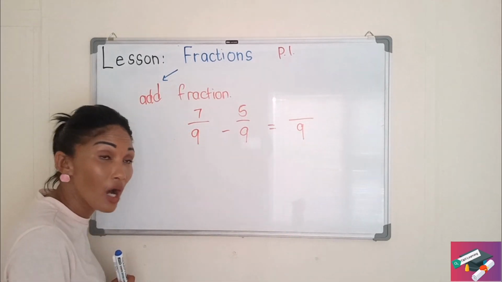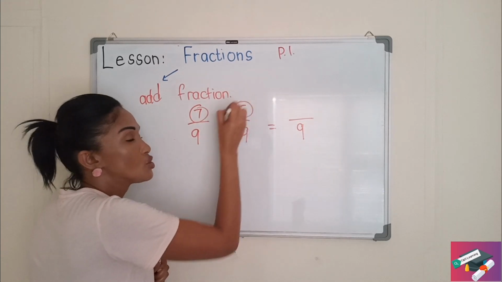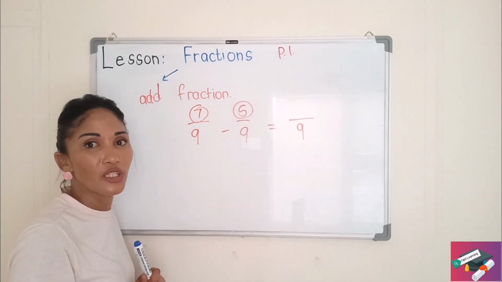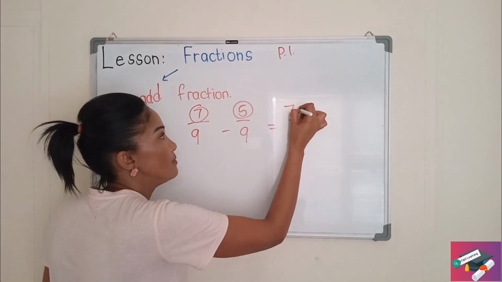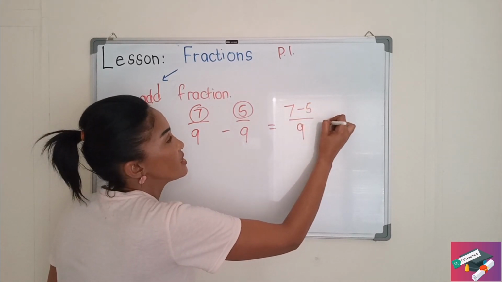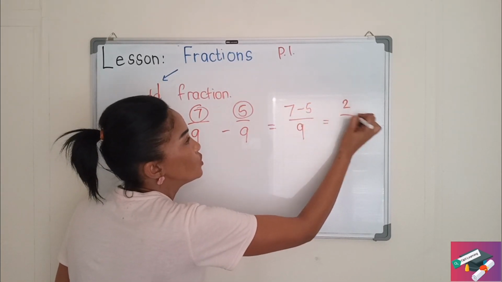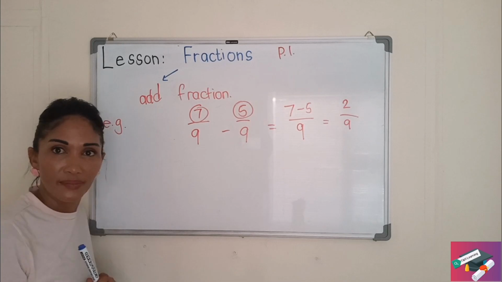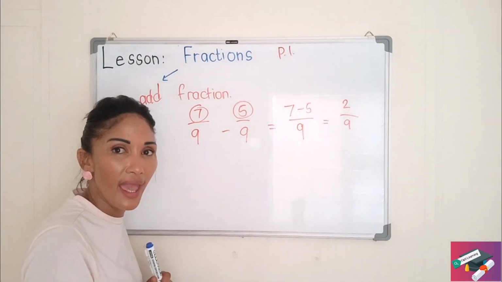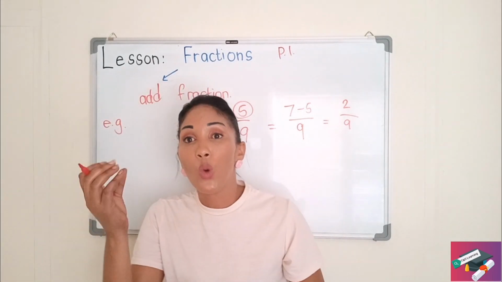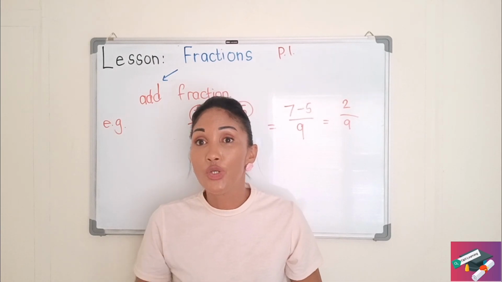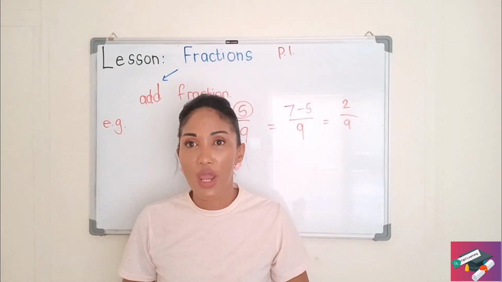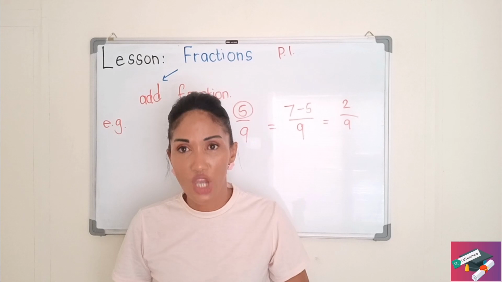So I can now subtract the 2 numerators from each other. So I'm going to say 7 minus 5 is equal to 2 9ths. It's the same as adding. Remember, when your denominators are the same, you can either add or subtract your numerators from each other.